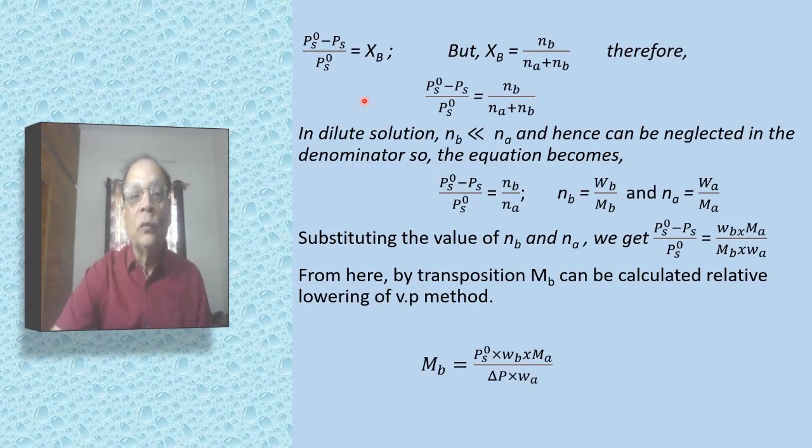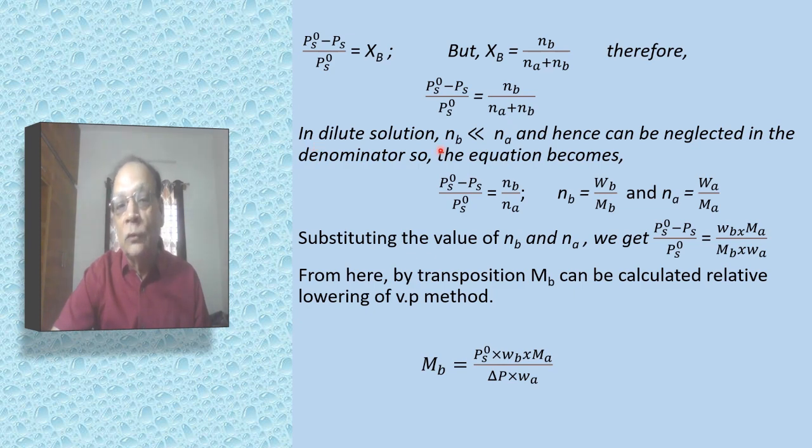Now, we have seen from the previous video that P0s minus Ps divided by P0s, the relative lowering of vapor pressure, equals the mole fraction of solute. But Xb we have seen is the number of moles of solute divided by the total number of moles of solvent and solute in the solution. Therefore, we can substitute for Xb its value in terms of number of moles.